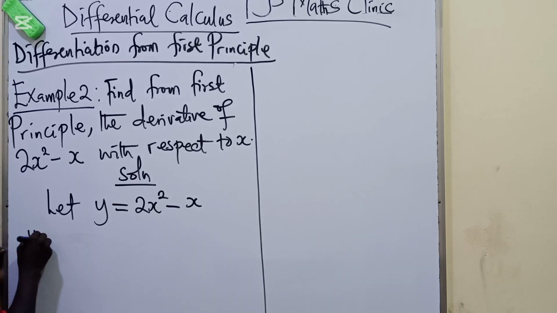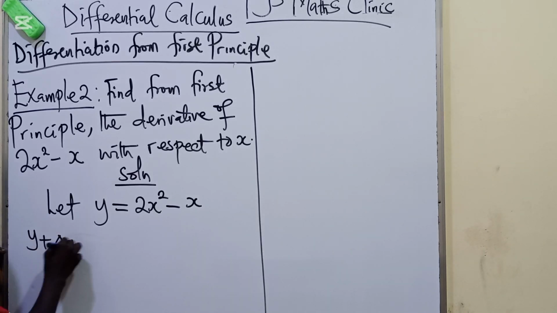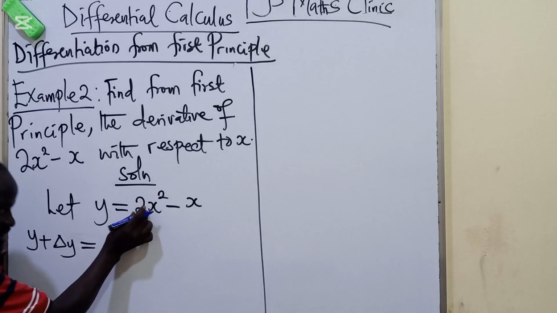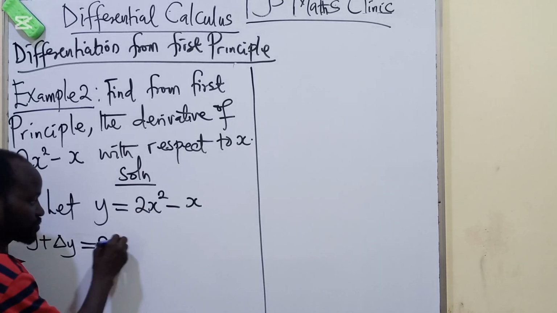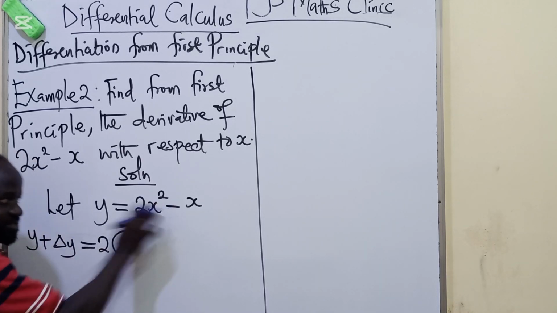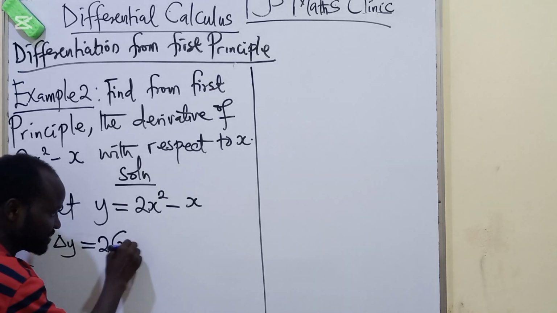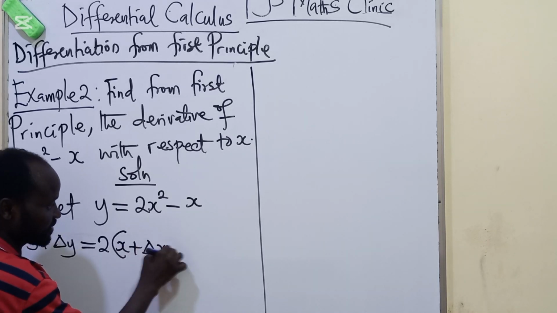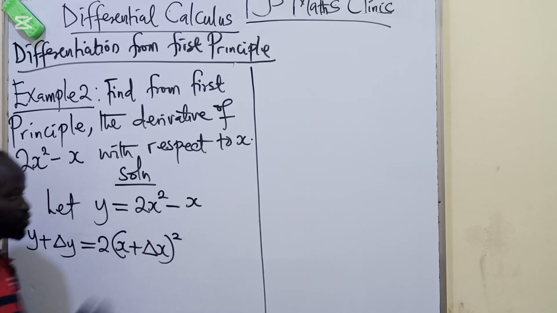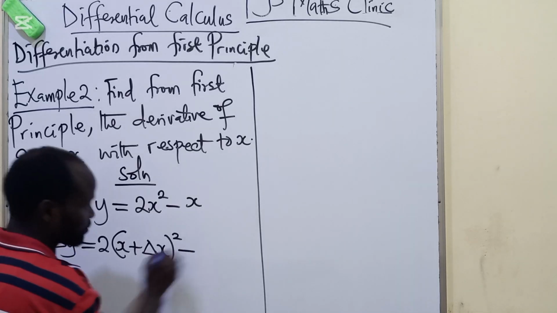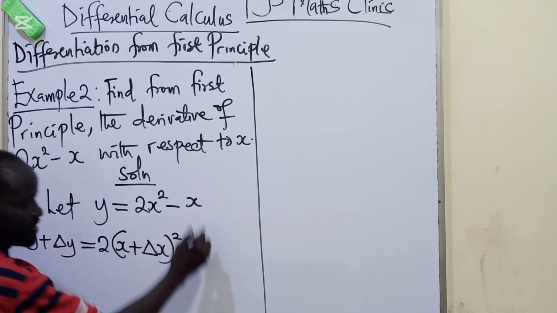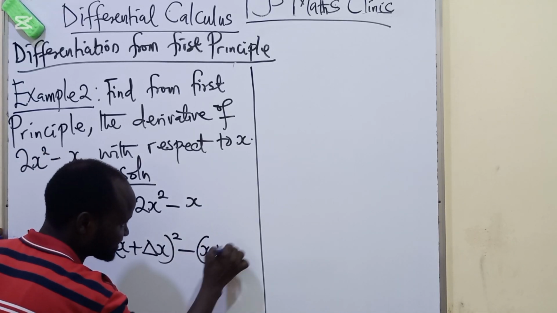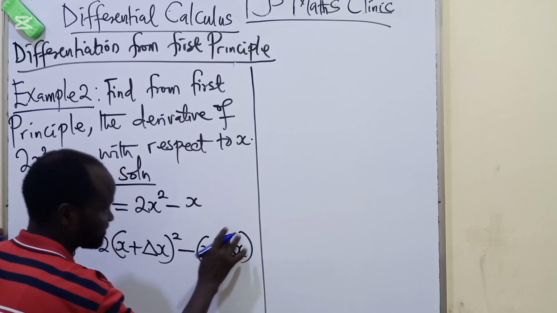That will be y plus change in y equals 2, the constant, factored out, open bracket, x plus delta x, all squared, minus x plus delta x. Very important.